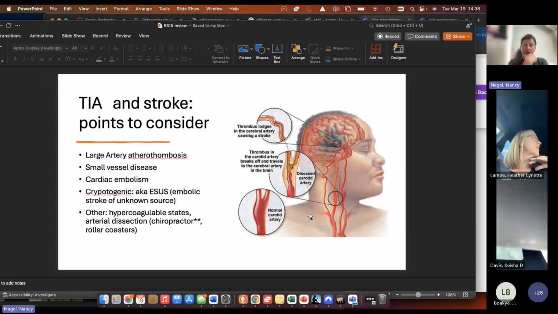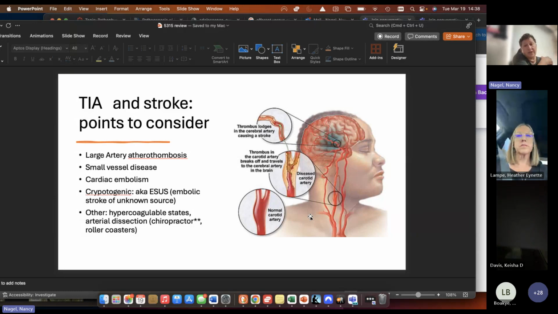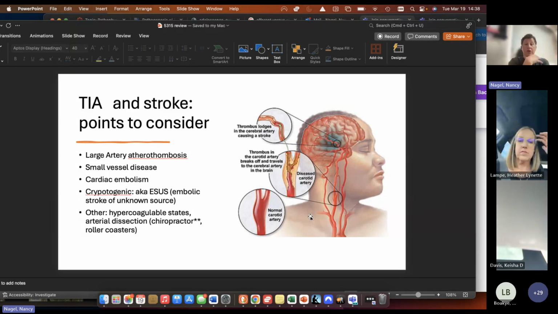Arterial dissections are a very common way to have a stroke. One of the ways that you can have them is going to a chiropractor. I'm not saying don't go to chiropractors, but if you think about the high velocity neck movement that occurs when they sometimes crack your neck, there is a vertebral artery that comes out from your high level vertebra and then goes right back into where the brainstem is.